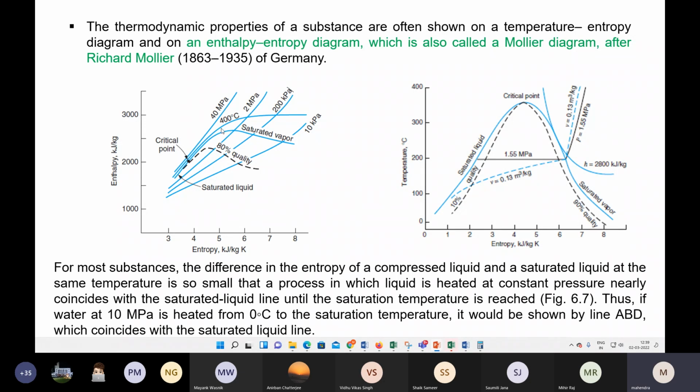In further chapters, we are going to work on this and solve many problems also. Once we have defined this new property, entropy, two other plots are added along with PV and PT.